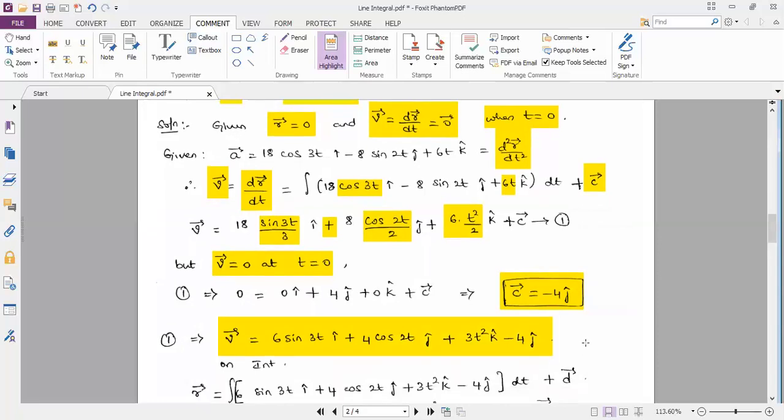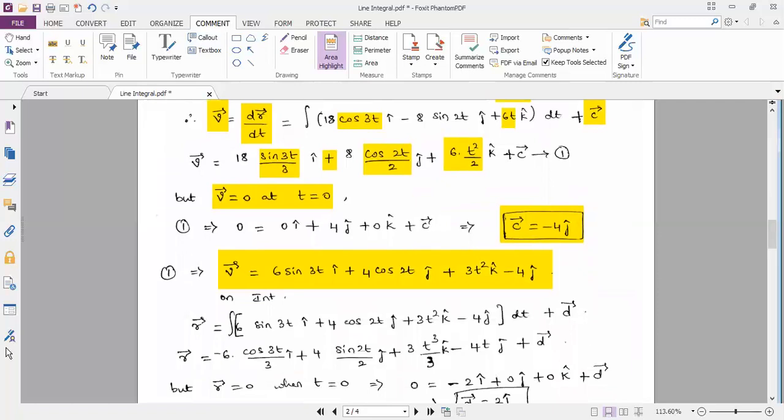Now we integrate once again to obtain the position vector r. Integration of 6 into sine 3t: 6 is a constant, writing it as it is. Integration of sine 3t is minus cos 3t divided by 3, i cap, plus 4 as it is.